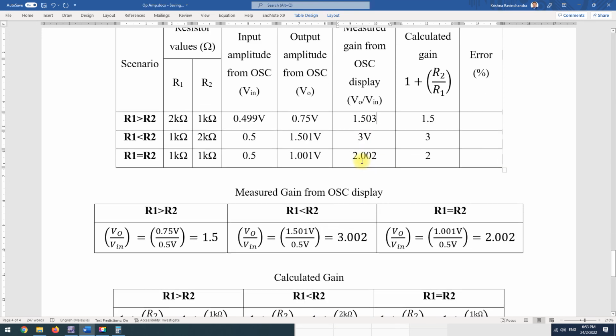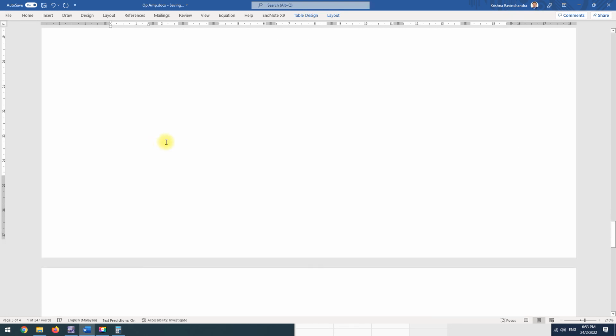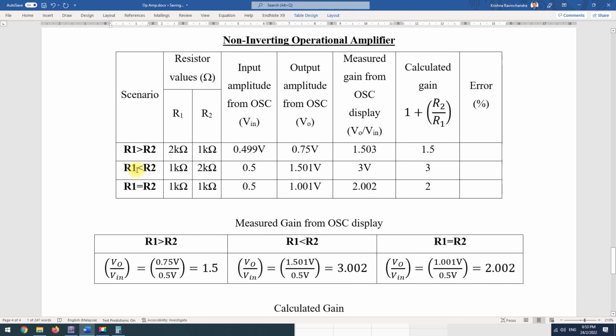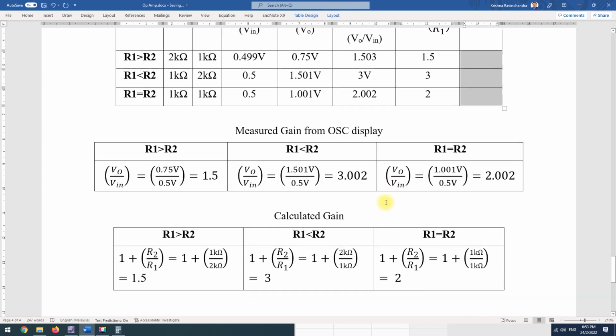So you can try out the remaining scenarios for the inverting, where R1 is lesser than R2's value and where R1 is equivalent to R2. Same goes for the non-inverting. Try out the two scenarios, give it a try, and also do the tolerance calculation to check how exactly the tolerance is affected for these operational amplifier simulations. Okay, thank you.